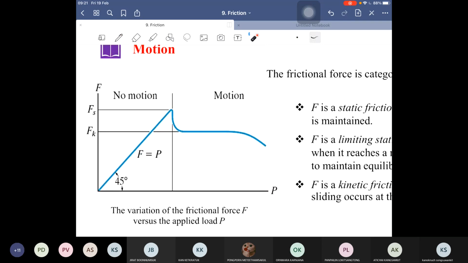Okay, so let's increase the force P until it reaches this peak point. At this point, we reach the limit of the static equilibrium system. If we continue to increase P after this point, the object will start to move in the direction that the force P is exerted.